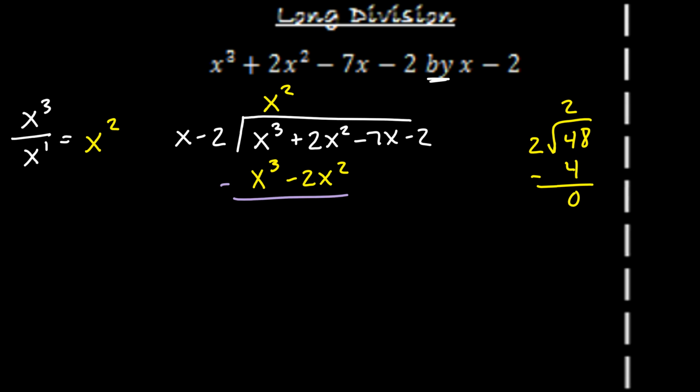What is x cubed minus x cubed? 0. They cancel. Again, another checkpoint telling you you're doing this correctly. You are trying to get these first terms to cancel. Then, what is 2 minus negative 2? 2 minus negative 2 is 4.